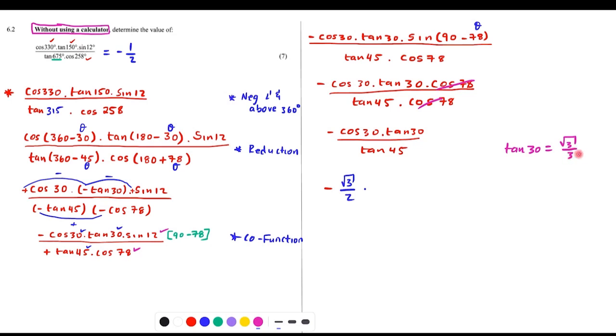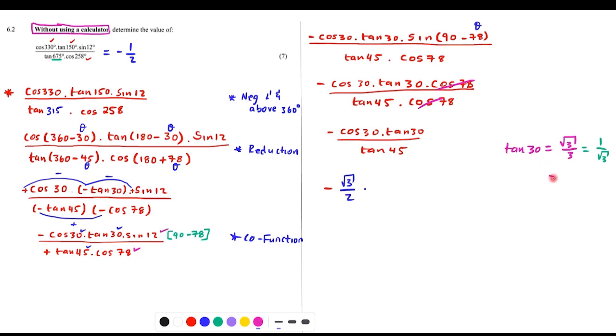Now square root 3 over 3 only comes if you press it on a calculator, right? So because of that, what you're going to do is change this one into 1 over square root 3. The only things that you're changing here are only 2, the others you just write as they are.